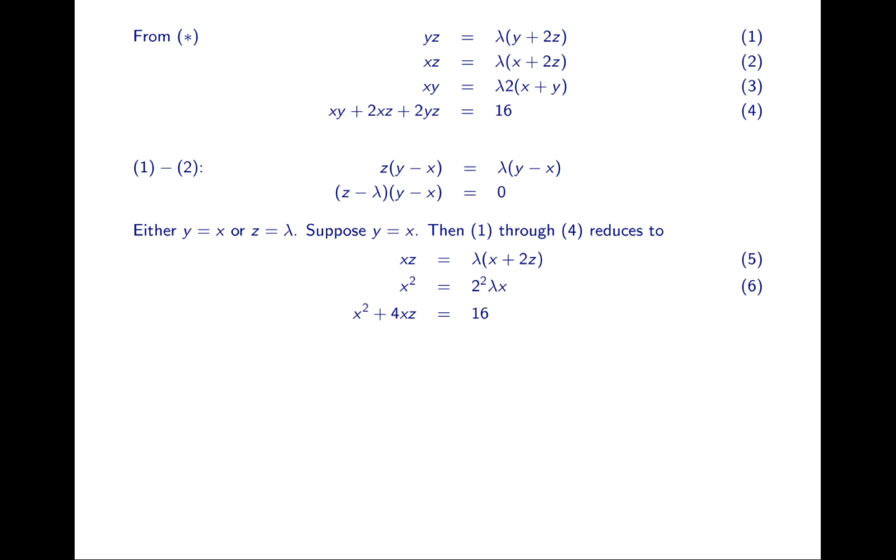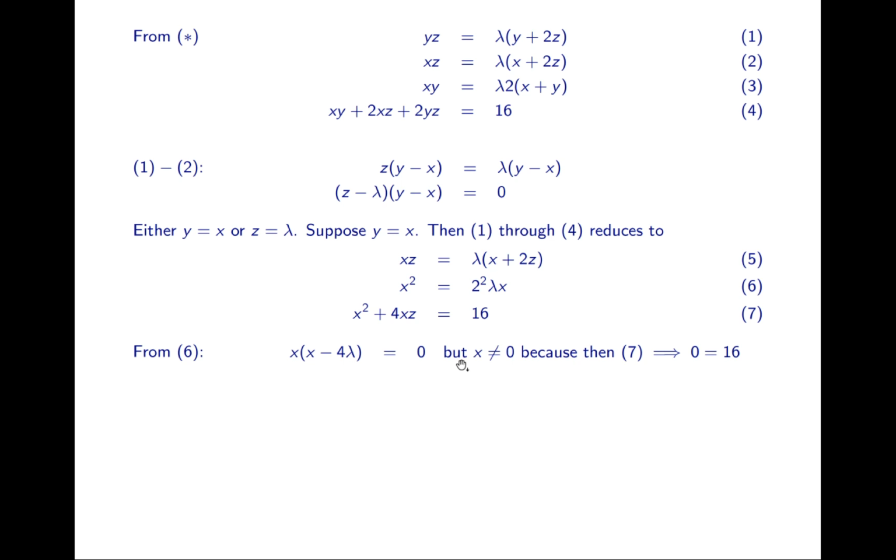So if I suppose that y is equal to x, in other words, I replace all my y's with x's, then equations 1 through 4 reduce to these three equations. From equation 6, if I subtract this to this side, I get x times x minus 4 lambda is 0.